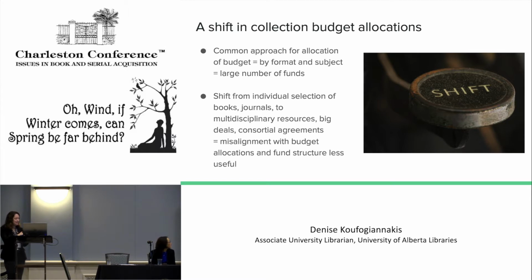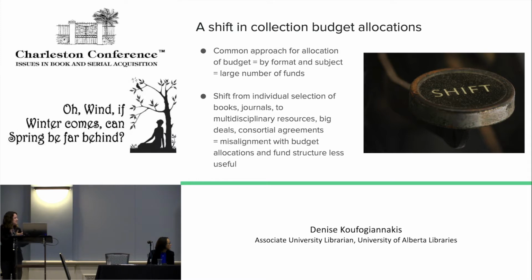At the same time, we've been seeing a shift from individual title selection for monographs and serials to the packaging of resources, whether that be in big deals, resources that are multidisciplinary in nature, or consortial groupings of resources. So that's more the environment that we're currently working in.